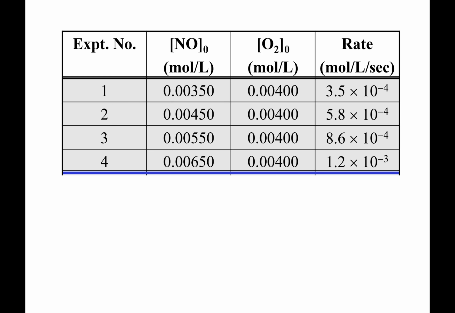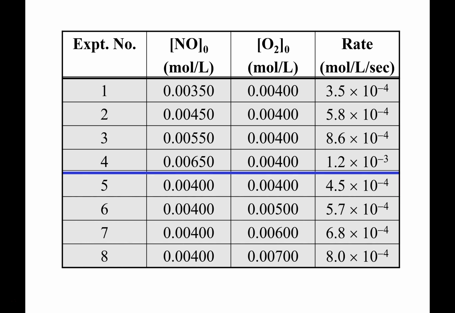So here's the first 4 experiments, and you can see that the initial concentration of the O2 is held constant, so I can get the reaction order of NO. And in this last set, I hold the initial concentration of NO constant to get the reaction order of O2. Notice I have rates over here in moles per liter per second.